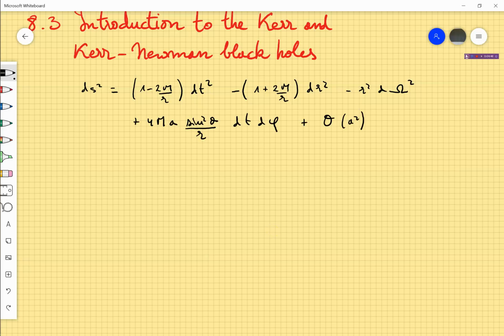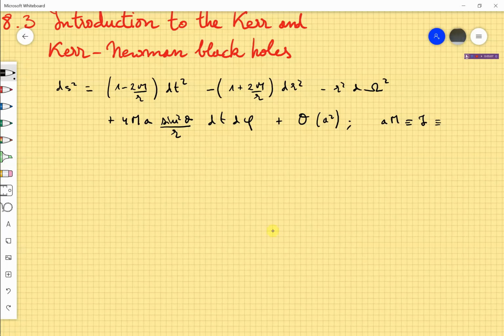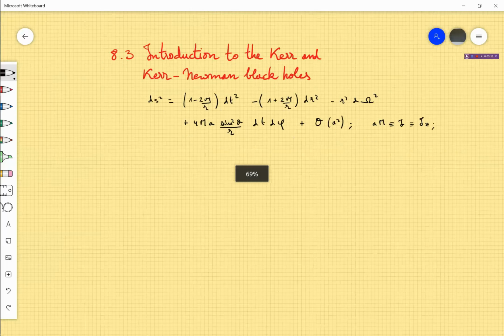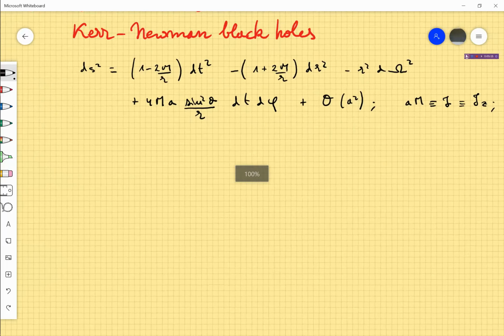In fact this should be valid up to terms of order a squared, which are not included. And a times m is the angular momentum in the direction z. So you only write J, but J is just the third component, J_z. The other two components of the angular momentum vanish in this solution.